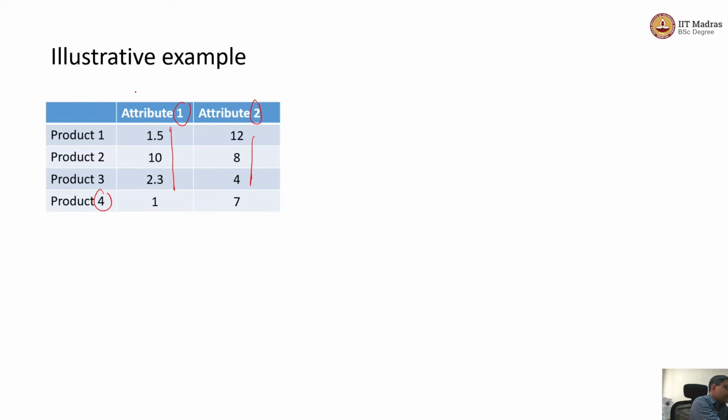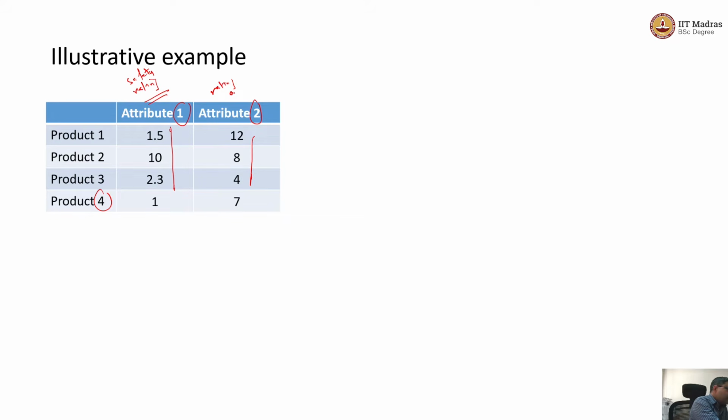as I said, the safety rating, right? Now, safety rating generally is not in decimals, but you can have your own data. Instead of 1.5, you can say that is 3. Instead of 2.3, you can say that is 3, right? So this is attribute number 1. Attribute number 2 could be another rating, right?